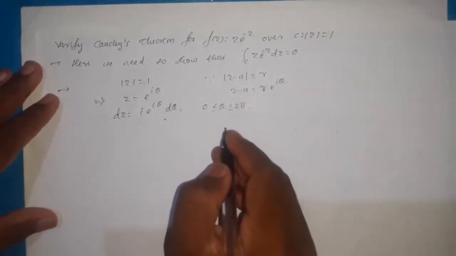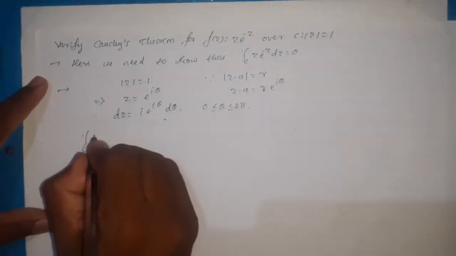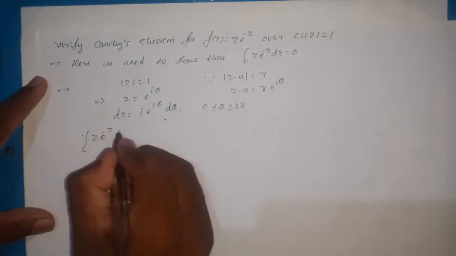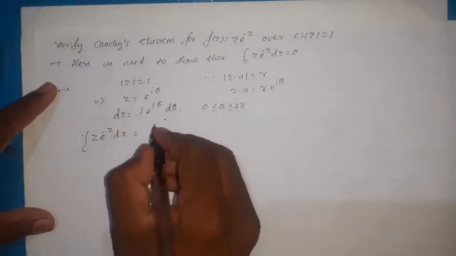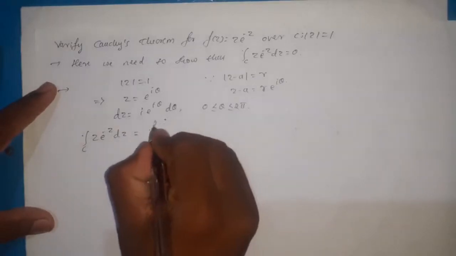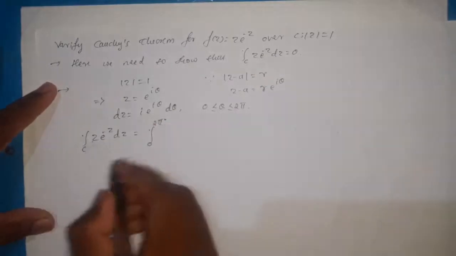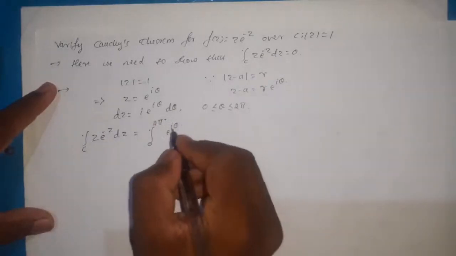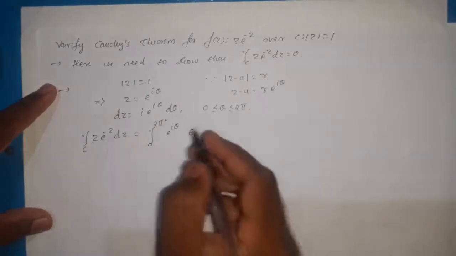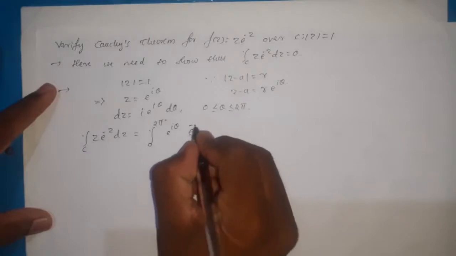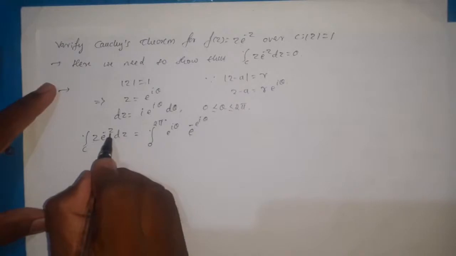For theta, then integration over C of z e power minus z dz is equal to the integral from 0 to 2 pi. Here z equal to e power i theta, then e power minus z is e power minus e power i theta, because z equal to e power i theta.